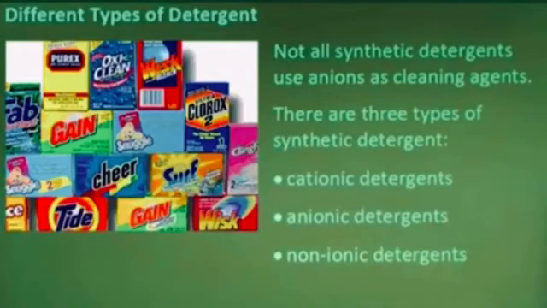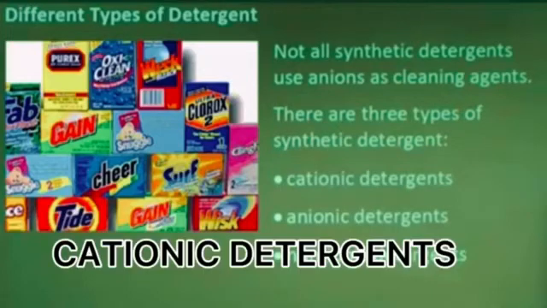So, let's proceed to the different types of detergent. Now, not all synthetic detergents use anions as cleaning agents. We have other types as well. There are 3 types of synthetic detergents.